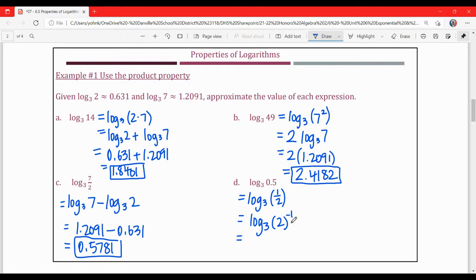So then I can use the power property, which says I bring that negative 1 in front, negative 1 times log base 3 of 2. So that's negative 1 times 0.631, and that's negative 0.631. So you have to figure out how to use what you're given to find something new.